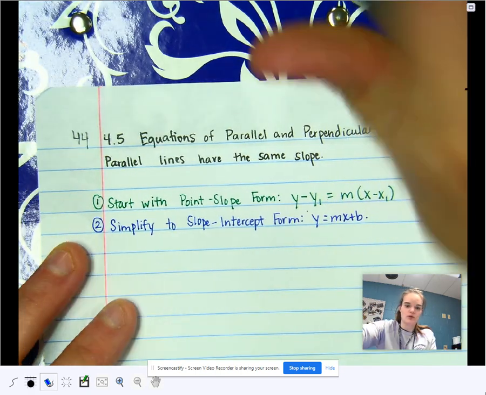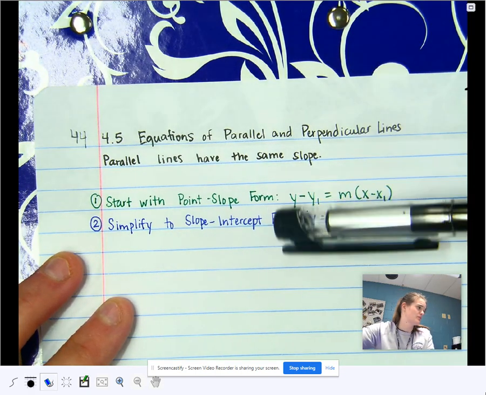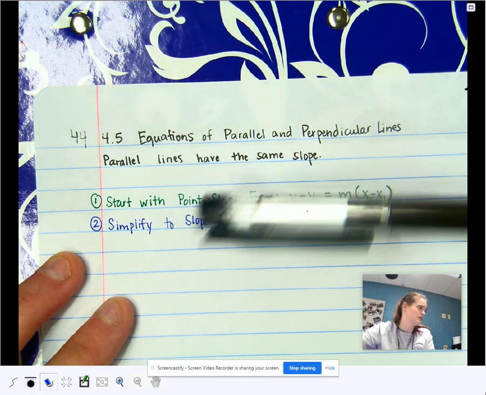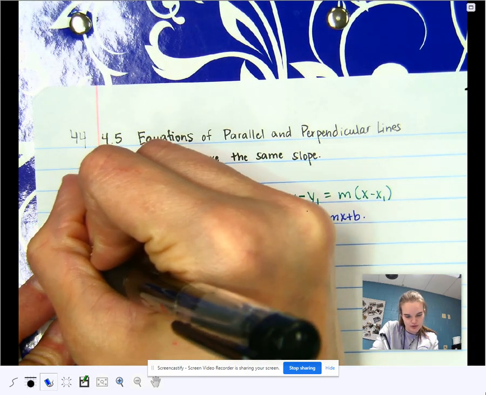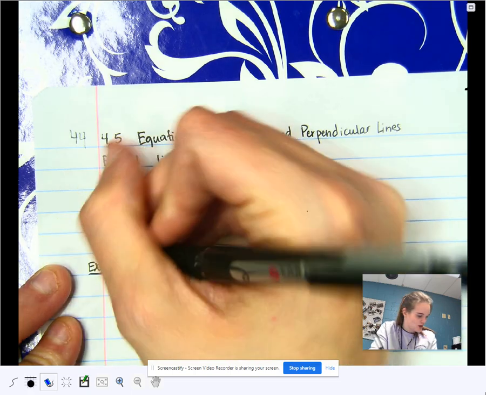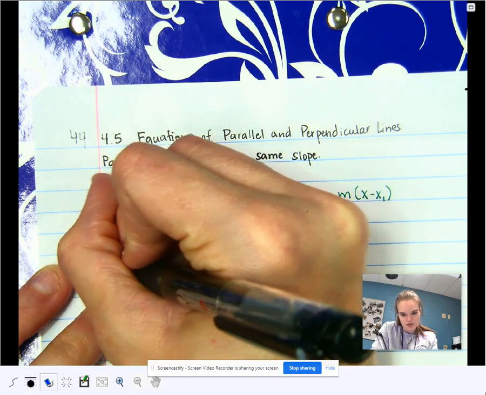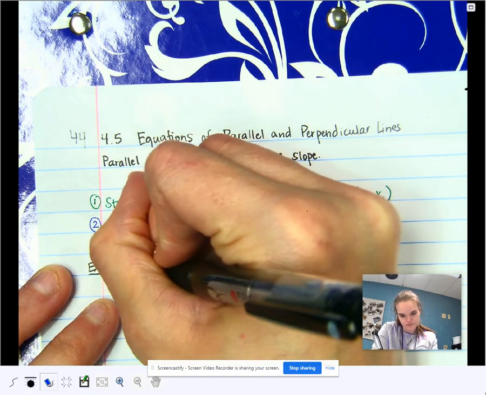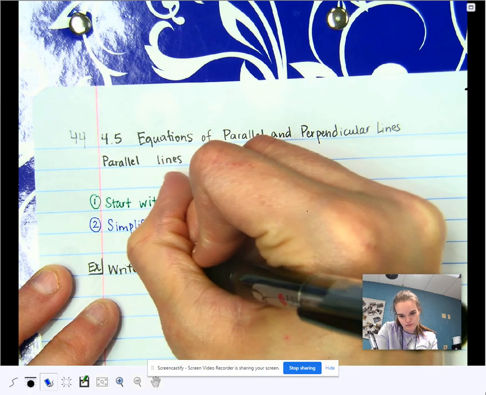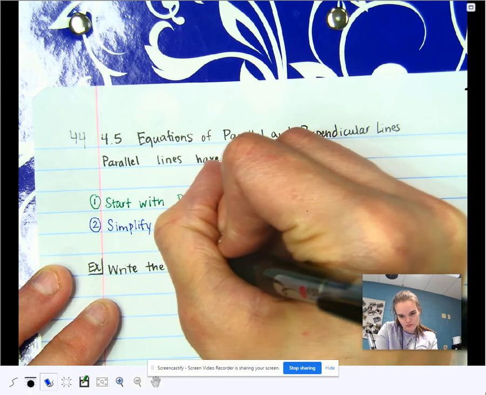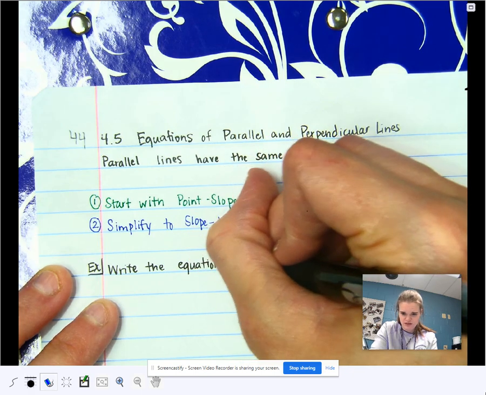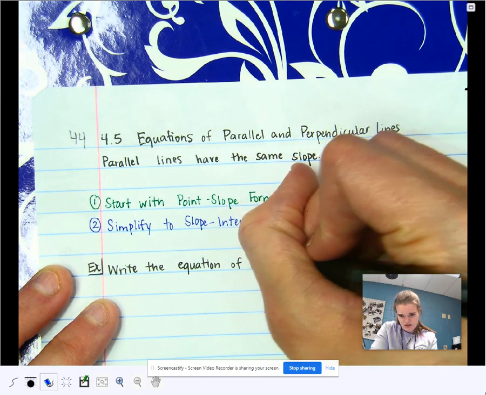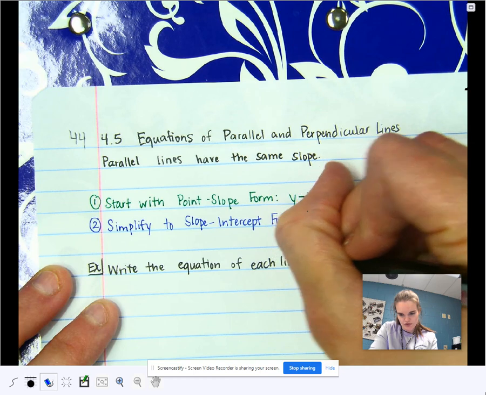Okay. So we're going to do that for each of these examples. We'll do this tomorrow too. It's just today we're worried about parallel lines having the same slope. So for example, what we're going to do, we are going to write the equation of each line in slope-intercept form.